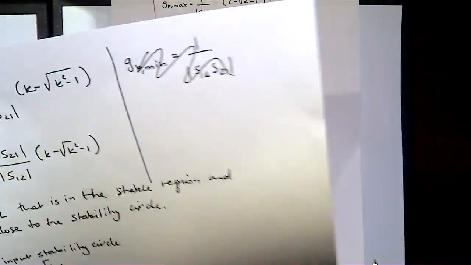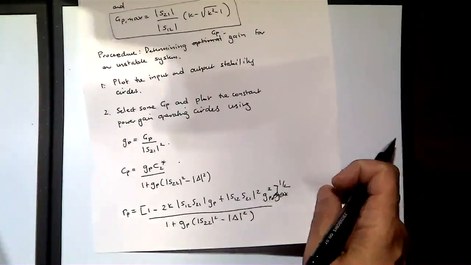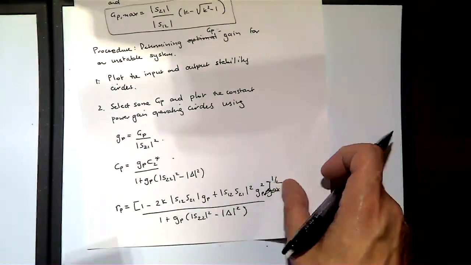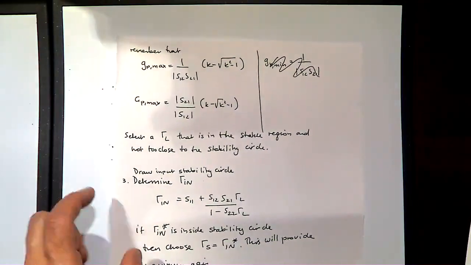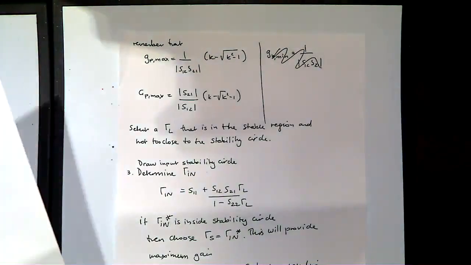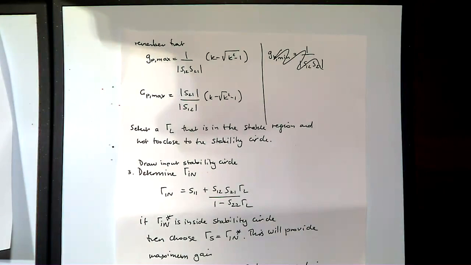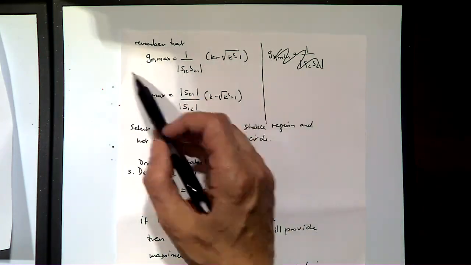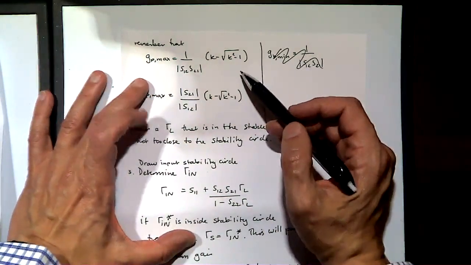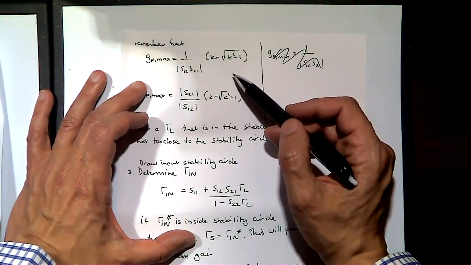We want to work out where GP max is, and GP max is going to be what? Is it going to be a circle or a point? A point. And looking at this, when do you expect it to be a point? When k equals?